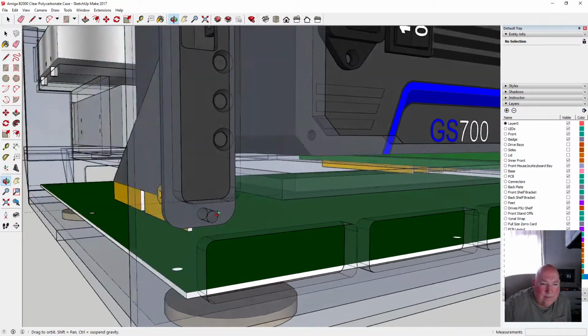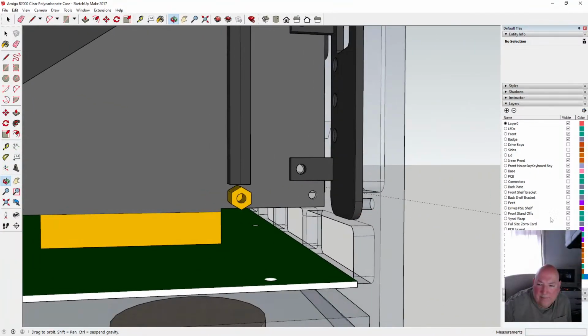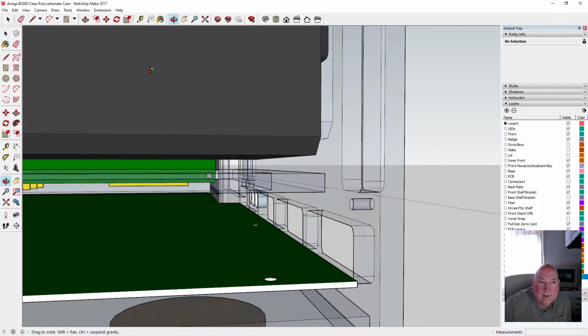But my slot we measured. Let's try and measure it again. So from here we went down here. 23.5 we're saying it is. Let's just have another look. Still a bit to work it out.